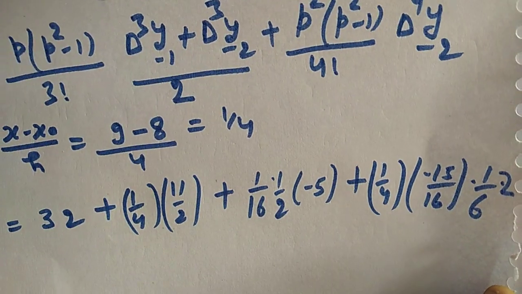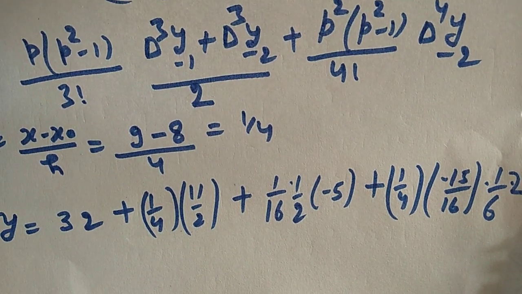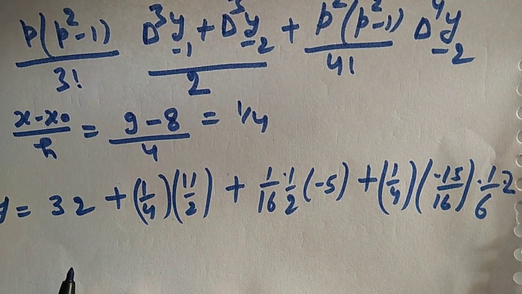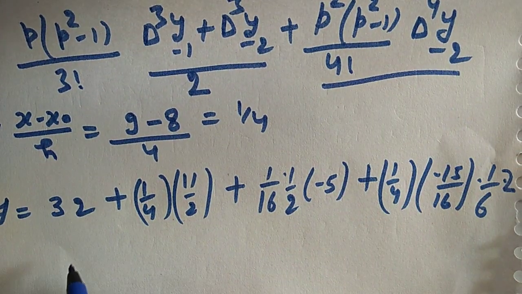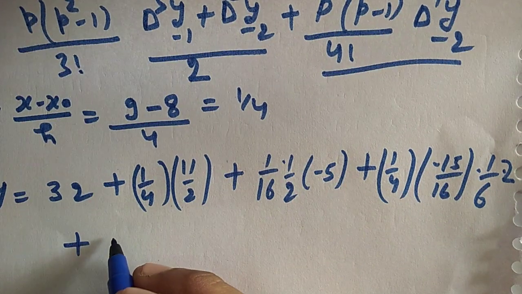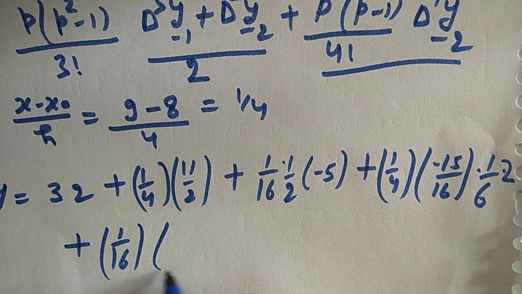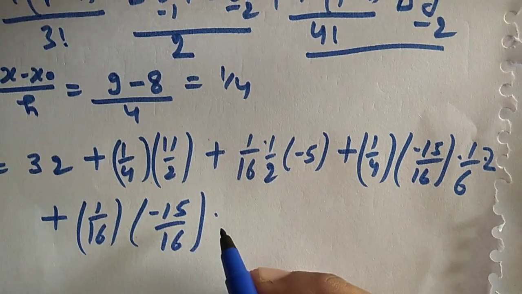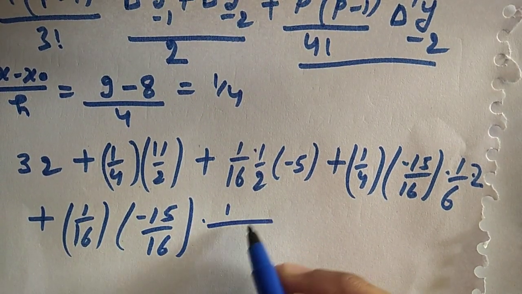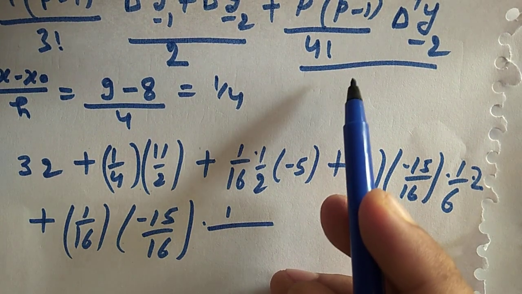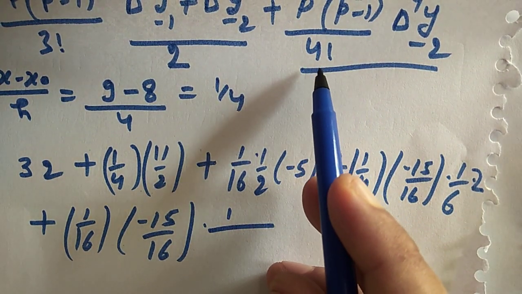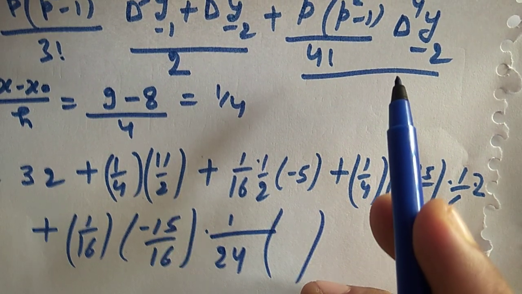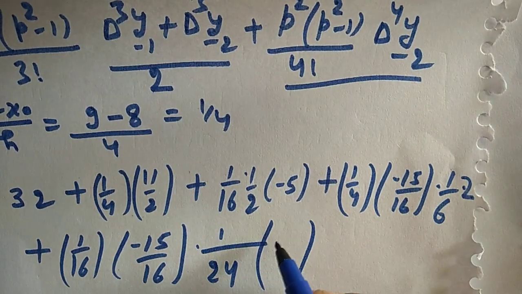And next we have plus p square, which means 1 by 16, and p square minus 1 which means minus 15 by 16, into factorial 4 which means 1 upon 24, and delta power 4 y minus 2 is 10.